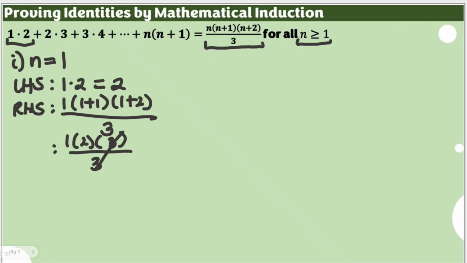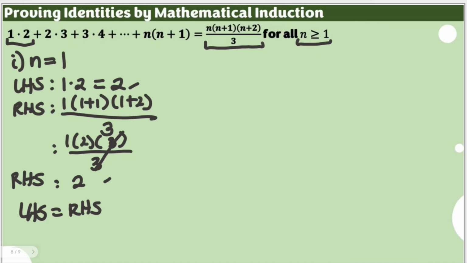With this, we have here a result which is 1 times 2 equal to 2. This is our right-hand side. And we have shown that both sides will have the same value when n is equal to 1. So with this, the left-hand side and right-hand side satisfy the first condition.